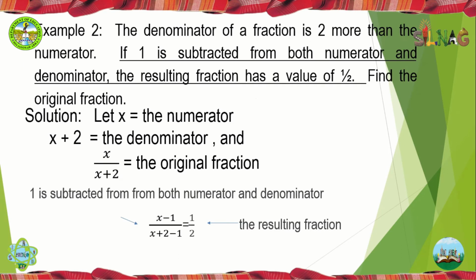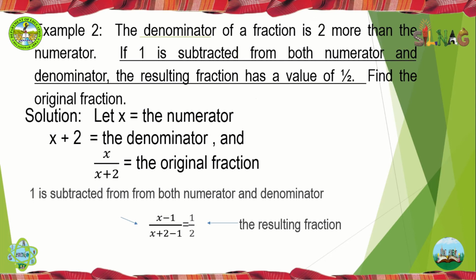The denominator of a fraction is 2 more than the numerator. If 1 is subtracted from both numerator and denominator, the resulting fraction has a value of 1/2. Find the original fraction. The denominator is being described in the given problem.